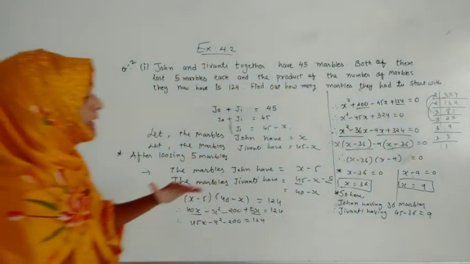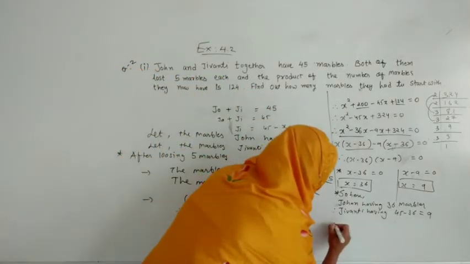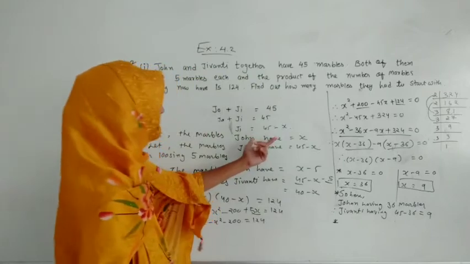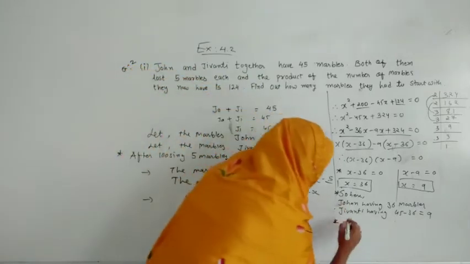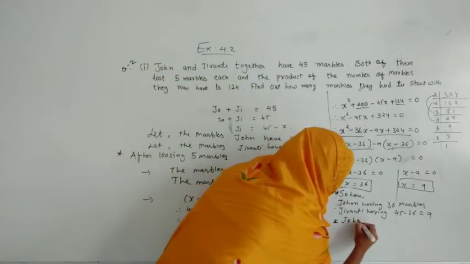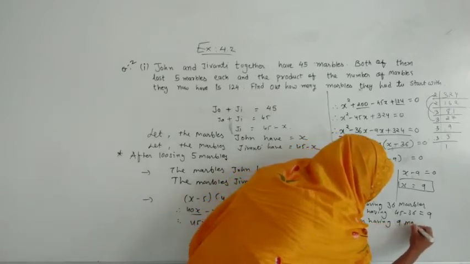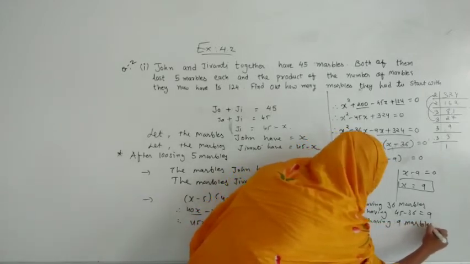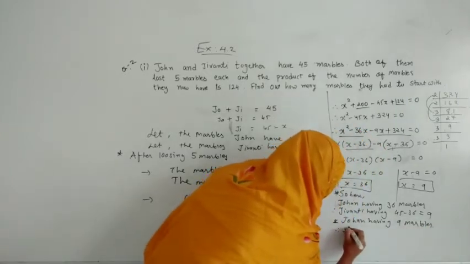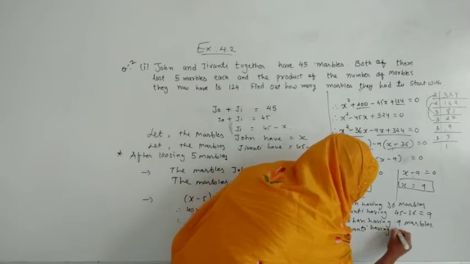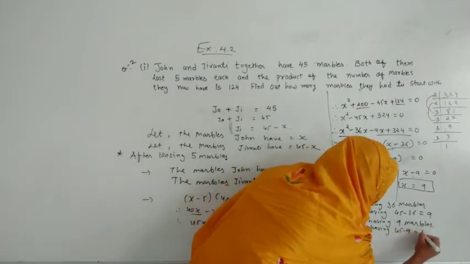And if you are writing in another form, meaning if you take the number of marbles John has as 9, you have to write that statement. If John has 9 marbles, Jivanti will have 45 minus 9 marbles, which means 36 marbles.